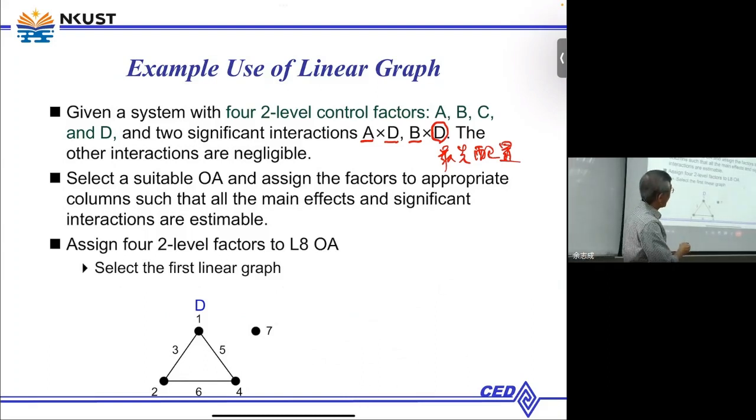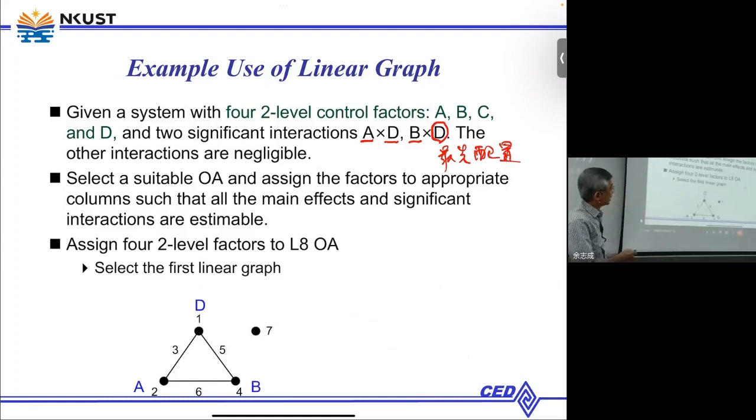Because AD and BD are important interactions, they need to be analyzed. So once I assign D, next I can assign A or factor B. If I first assign factor A, I can select dot number 2. Why? If I select A in 2, then column 3 is reserved for interaction AD.